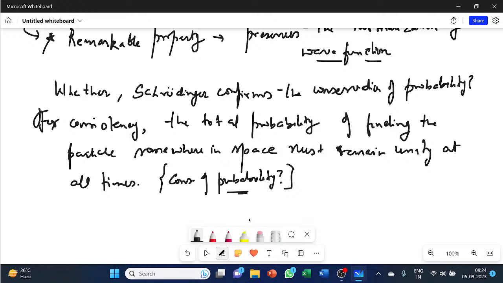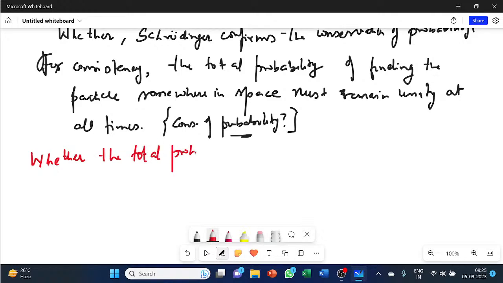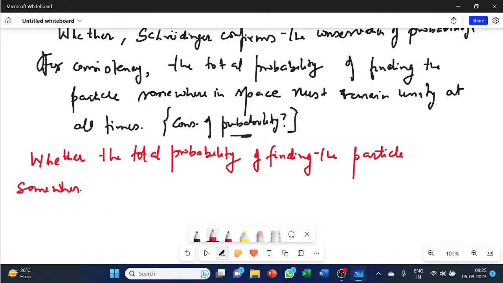Okay, so this leads us to a question of whether the total probability of finding the particle somewhere in space is conserved or not.